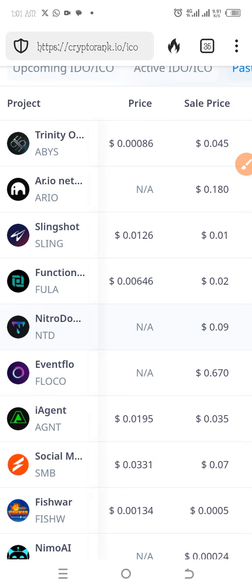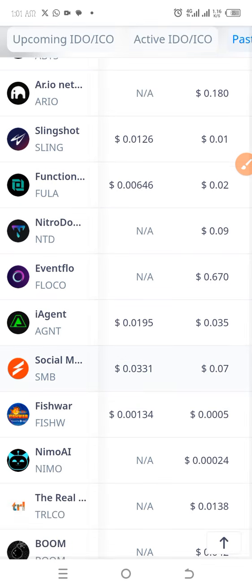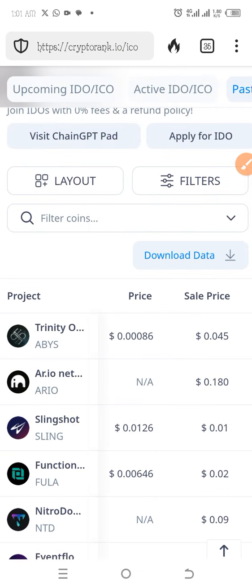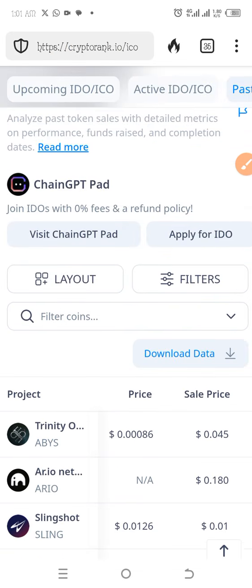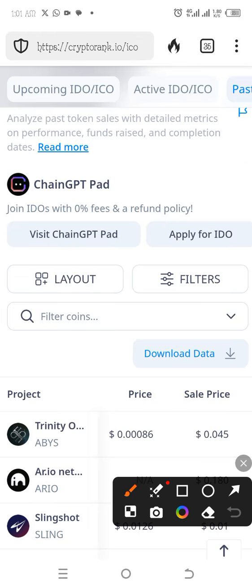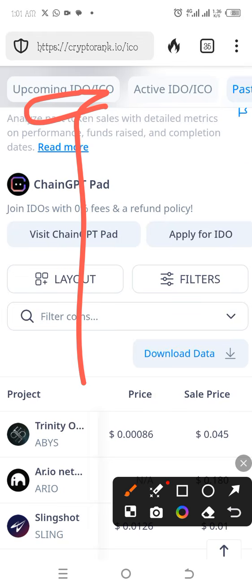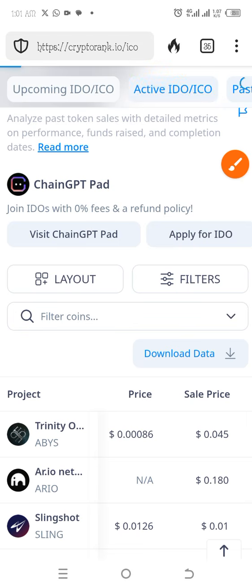So now the question is, how exactly can you buy these coins? For the upcoming ones, look at it here. We have the active ones and the upcoming ones. So let's check the active one.